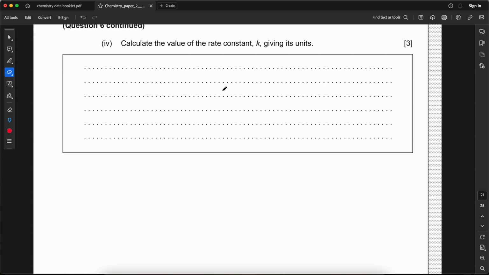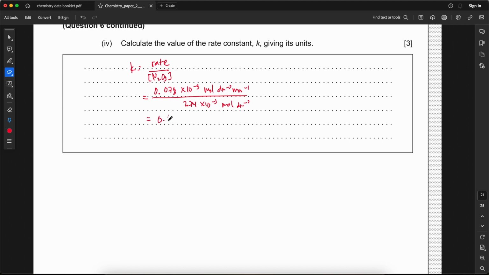Calculate the value of the rate constant k giving its unit. k would be rate divided by concentration of N2O5. So I would choose one of them: 0.078 times 10 to the power negative 3 mol dm^-3 min^-1 divided by 2.74 times 10 to the power negative 3 mol dm^-3.